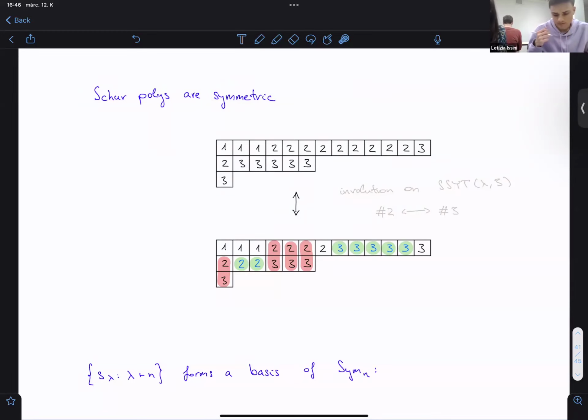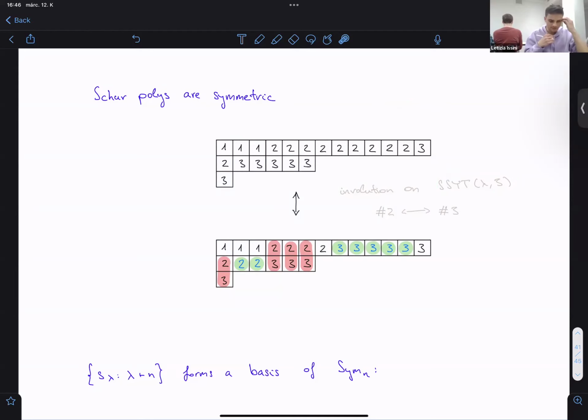So we need to find an involution on the set of semi-standard Young tableaux of a given shape and content that swaps the number of i's and (i plus 1)'s for each i. Well, let's try it for, like, 2 and 3.